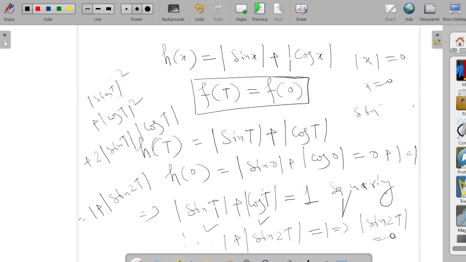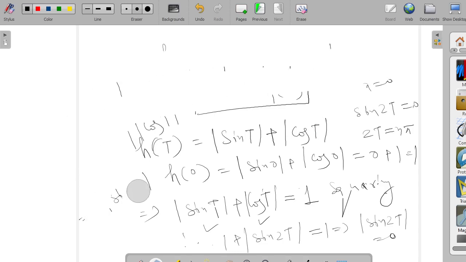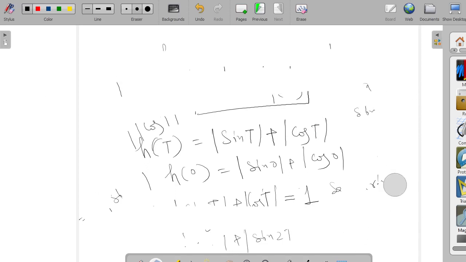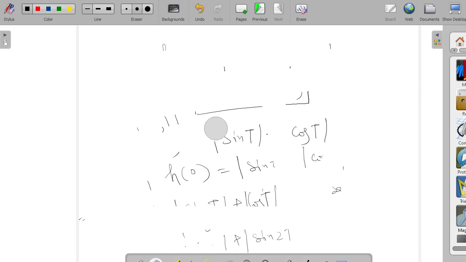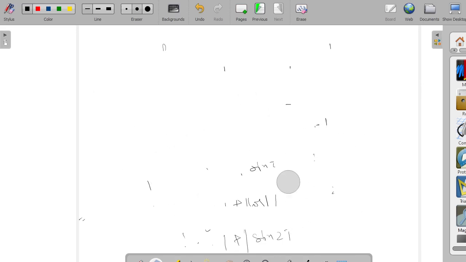So sin 2t will be 0. Now sin 2t is 0 implies that 2t should be equal to n pi, because on the horizontal axis sin x is 0. So we get 2t equals n pi.